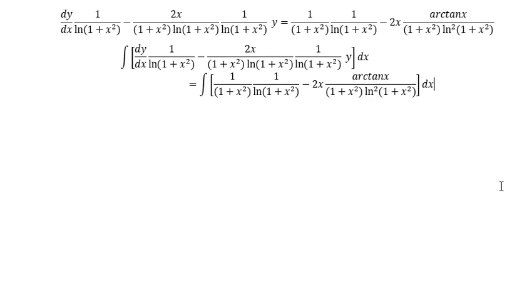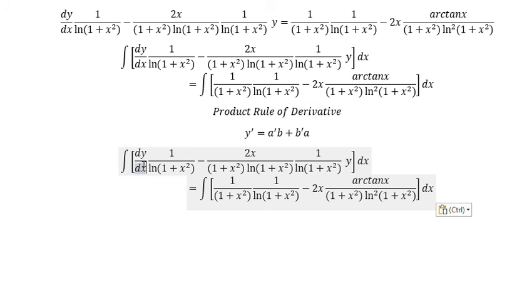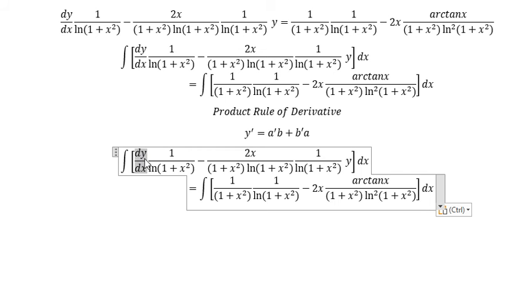So we can apply the product rule of derivative. So we have the first derivative of y equals the first derivative of a multiplied by b plus the first derivative of b multiplied by a. So if we look carefully at this one, this is the first derivative of a multiplied by b.